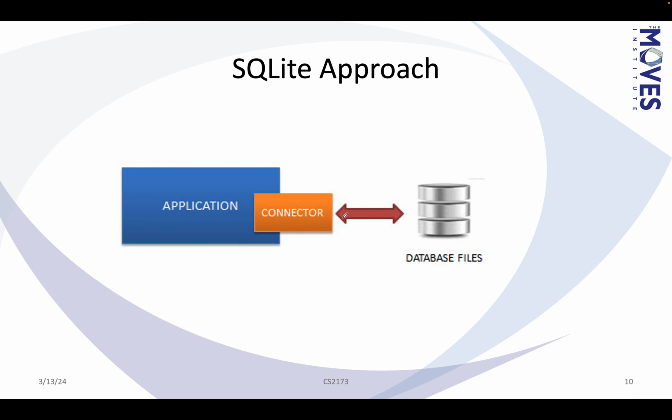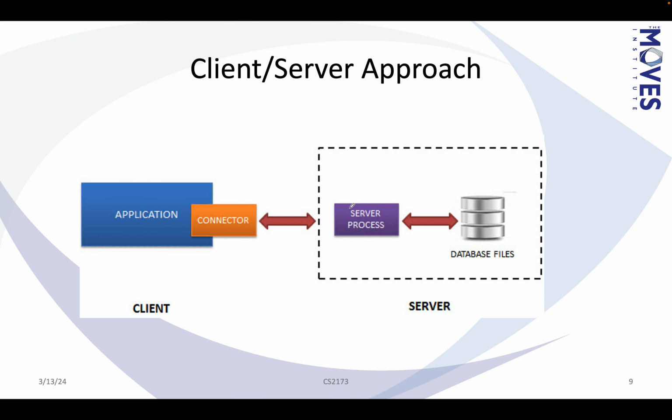But the SQLite approach is a little simpler. Basically, you have a database file, which is local on your machine, and then your application, which would be the Java program, and the connector is the SQLite driver in this case. So that's here.